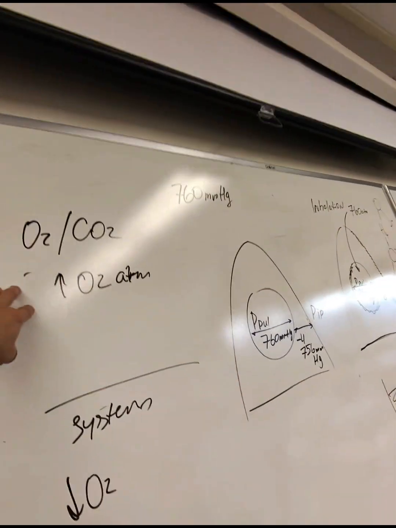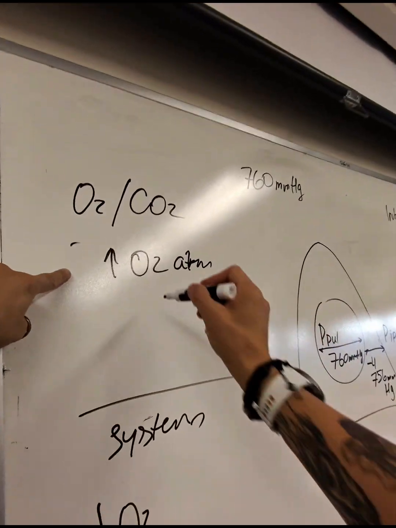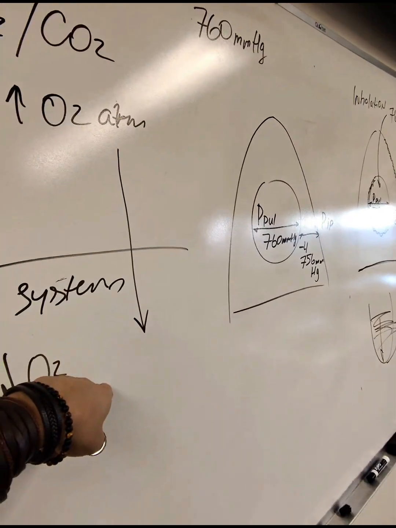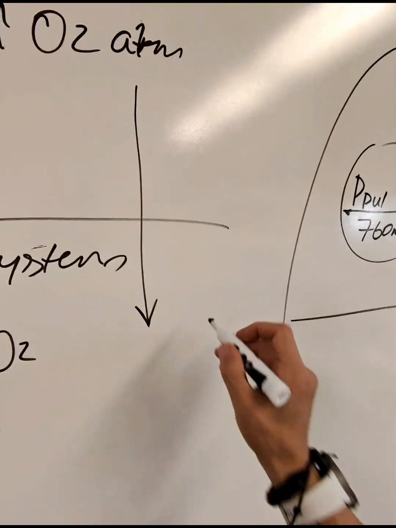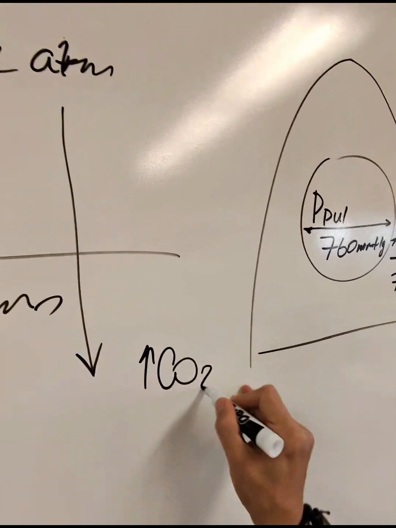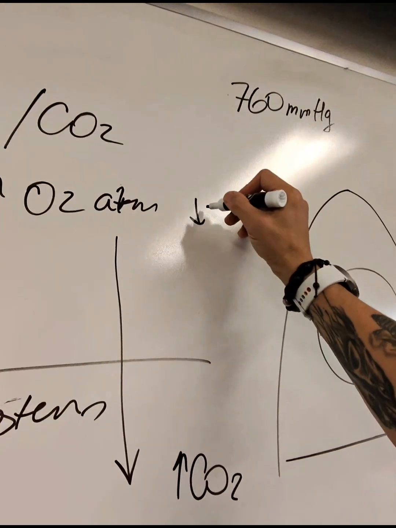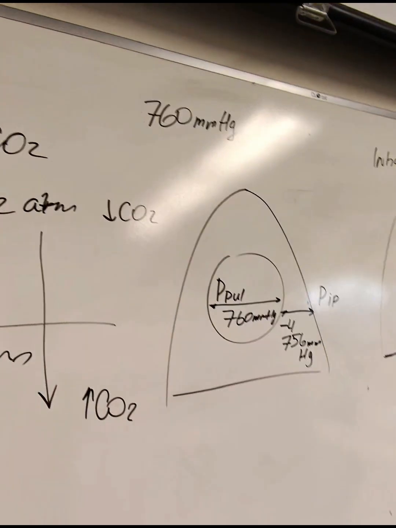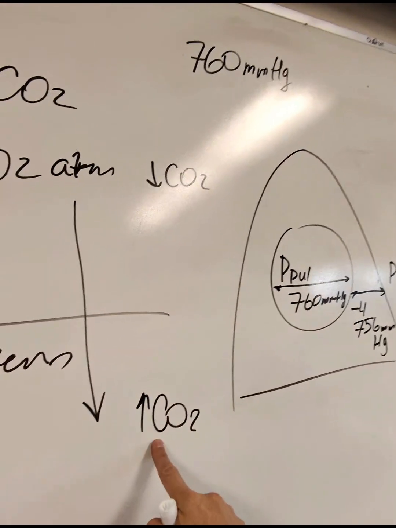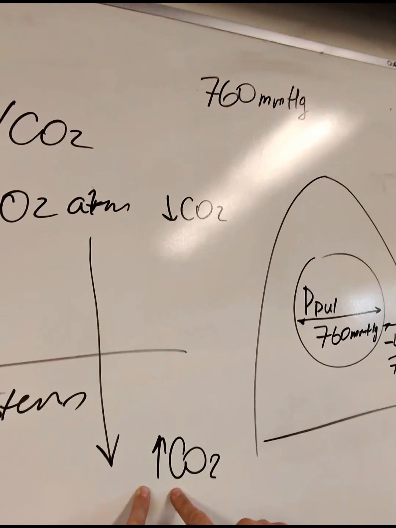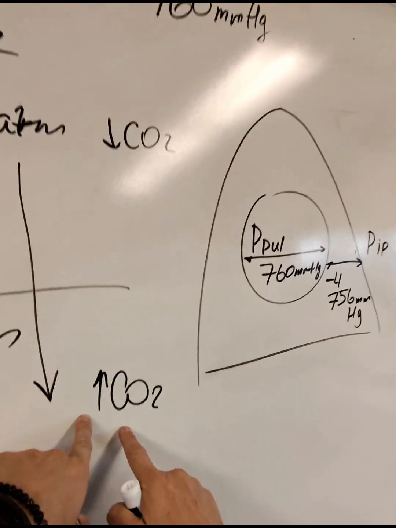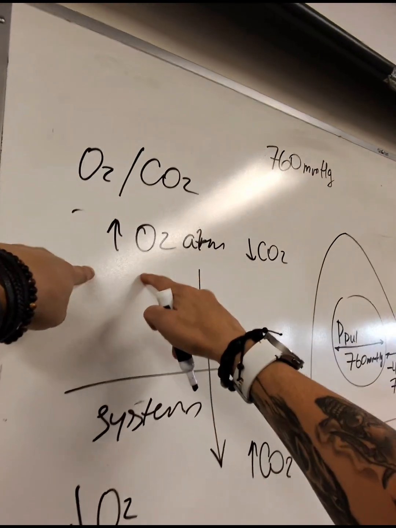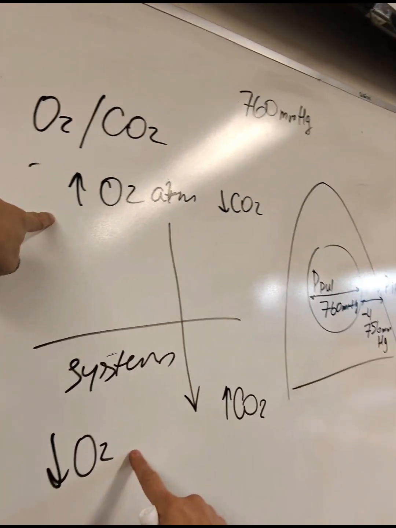So when we inhale, it's easier for the oxygen to get inside of the system, so it goes down the concentration gradient. But when we exhale, there's more carbon dioxide in the system compared to carbon dioxide in the atmosphere. So when we breathe out, it is easier for carbon dioxide to get out because, again, you're going from high concentration to low concentration. Same thing is here. You're going from high concentration to low concentration.